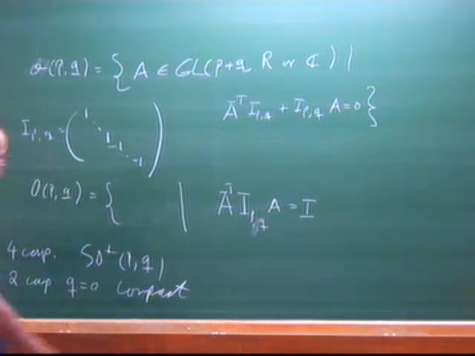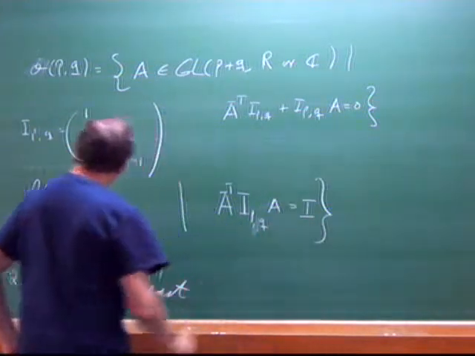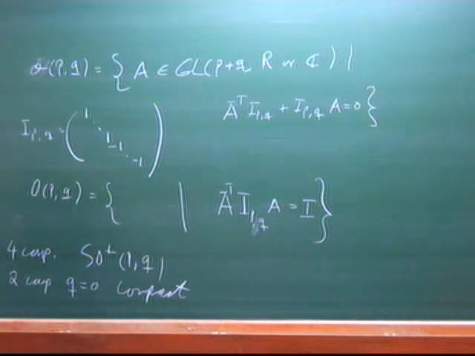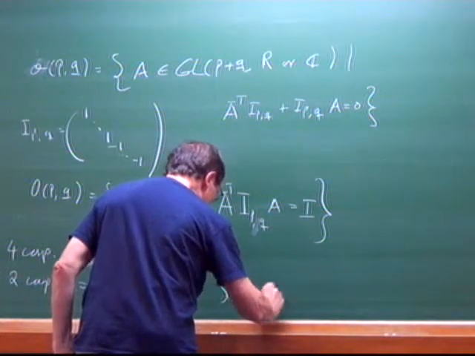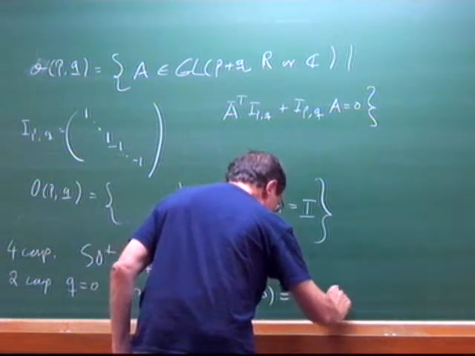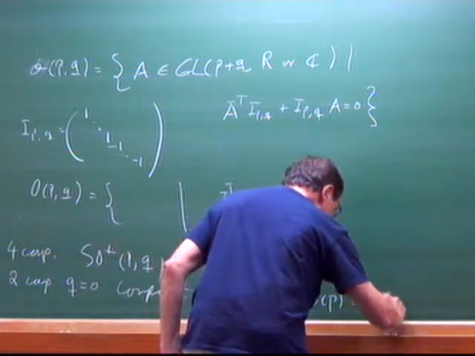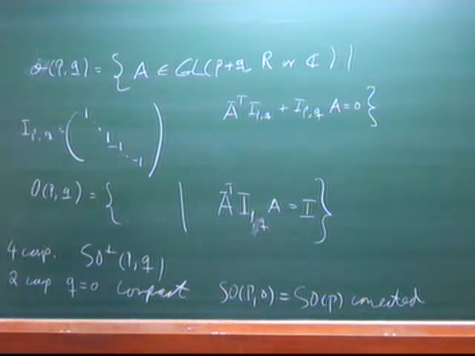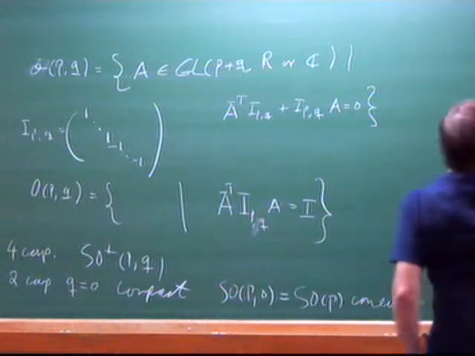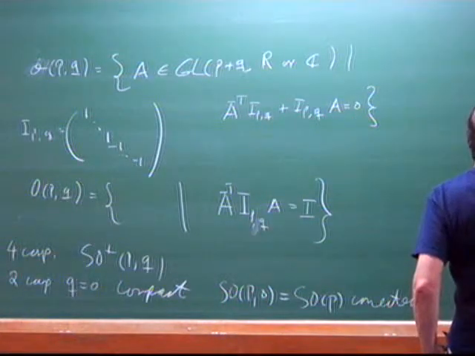What else did we prove? So SO(p,0), we always call SO(p). This was compact and connected. Then one more thing we proved was a polar decomposition.